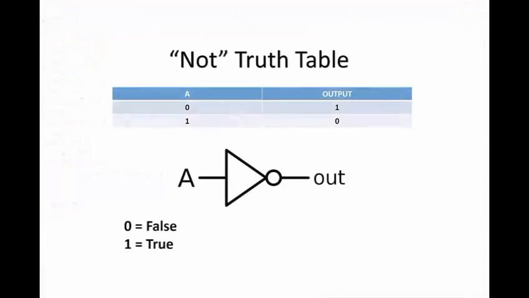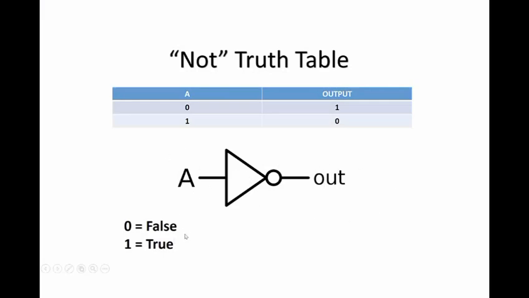Now we can actually represent this behavior in what's called a truth table. So down here I have a diagram of a NOT gate, or like a NOT operation. This is how they're drawn in circuit diagrams and things like that. So we have an input called A and an output.